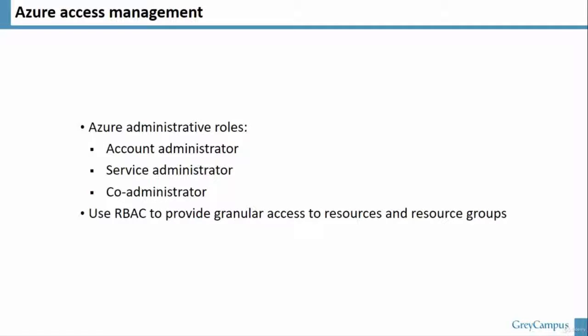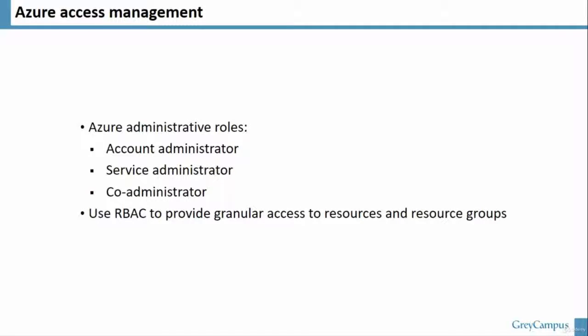The second one is service administrator. Each Azure subscription has one service administrator. The service administrator can access all resources in the subscription. By default, the user account associated with this role is the same as that of account administrator when your subscription is created. And third one is co-administrator. This role has the same function as the service admin, but it cannot change the association of subscription with an Azure AD tenant.